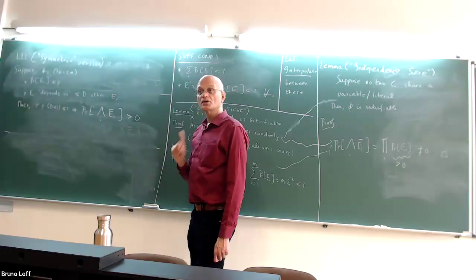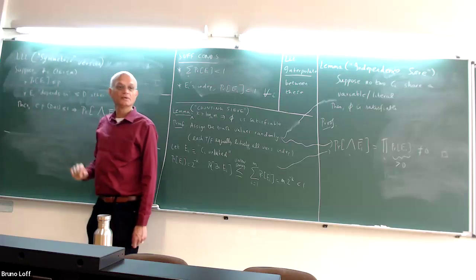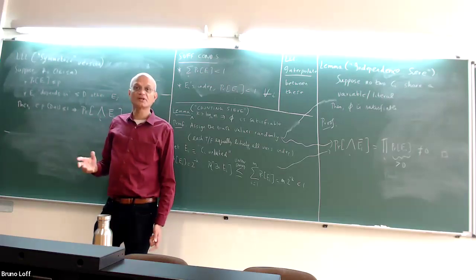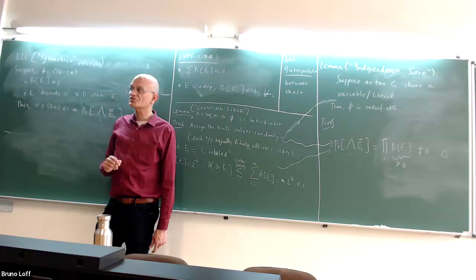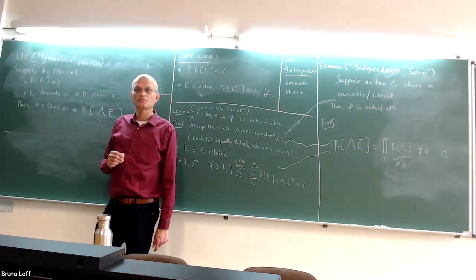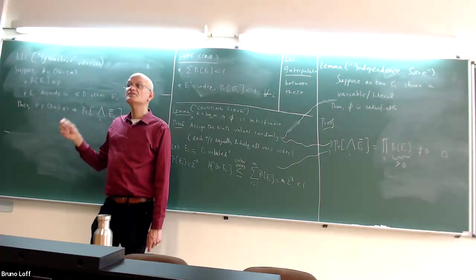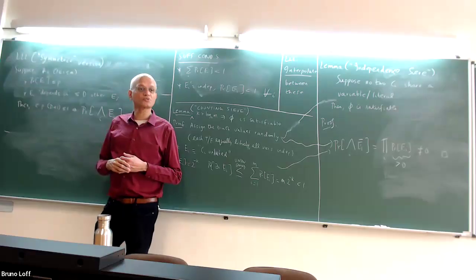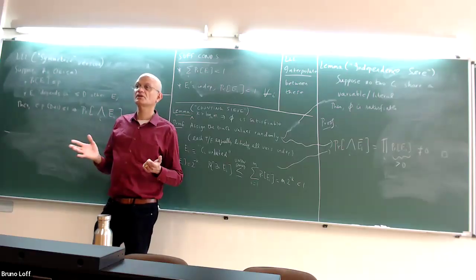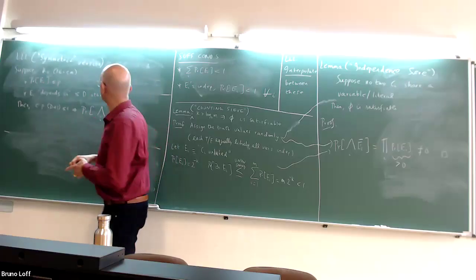Notice that this says nothing about the number of variables n. P and D can be appropriate constants, and n can be very large. In fact, in some applications, the number of events n is even exponential in the size of the problem space. That's why it's called the local lemma.